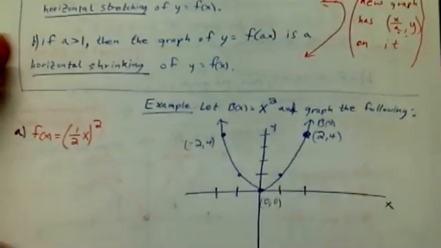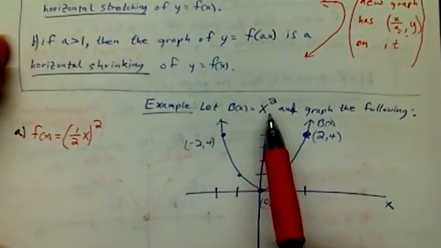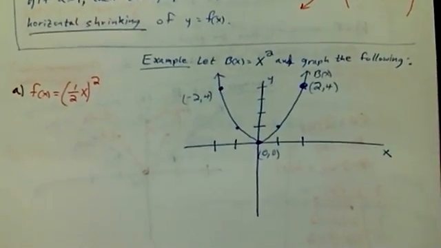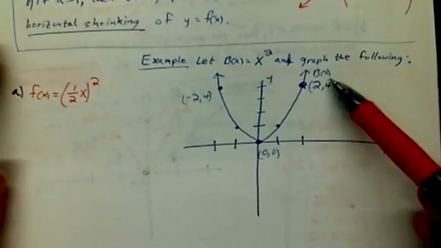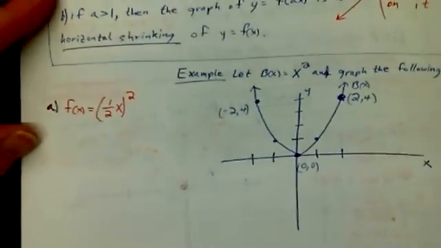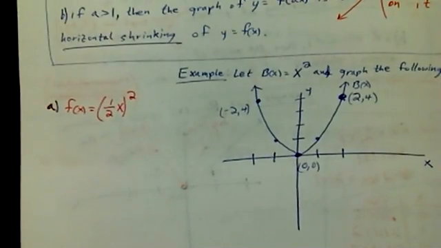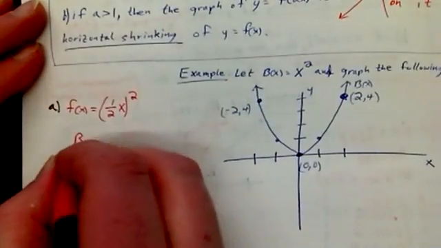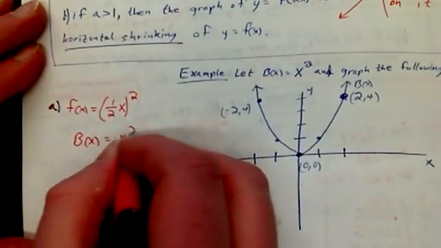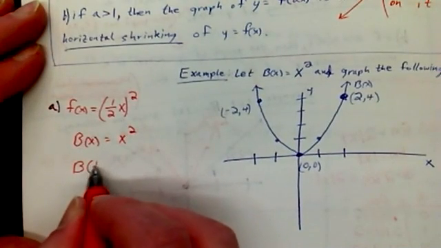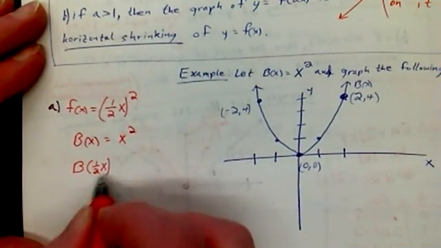So, example, let's take our base function to be x squared. It's one of those base functions from 2.6, and graph the following, okay? So I have my base function, and I got 3 points I'm tracking, okay? And we're going to do f of x equals 1/2 x quantity squared. Okay, so b of x we know is x squared, and to get to here I need b of 1/2 x.